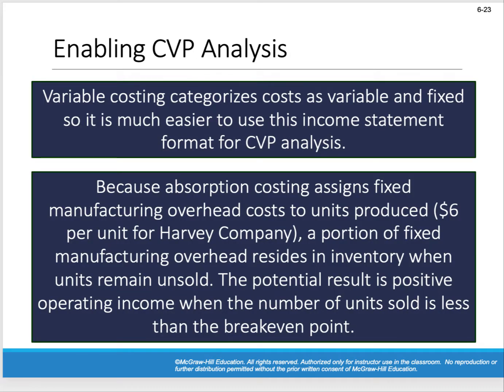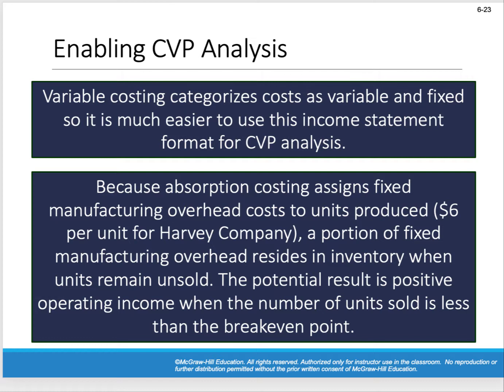Now, hopefully you picked up on the fact that variable costing utilizes the contribution formatted income statement, which we used in Chapter 5 to do CVP analysis, cost, volume, profit analysis. Because variable costing categorizes our expenses based on behavior, meaning fixed or variable, it's so much easier for us to use the contribution formatted income statement for CVP analysis.